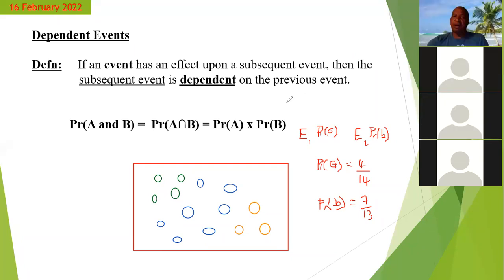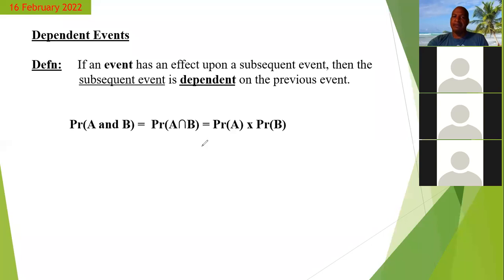Now, for dependent events, the probability of one event and the next event is calculated in the same way as how we calculate independent events. You simply multiply the two probabilities together. The only difference here is that what happened in the first event will affect what happens in the second event.